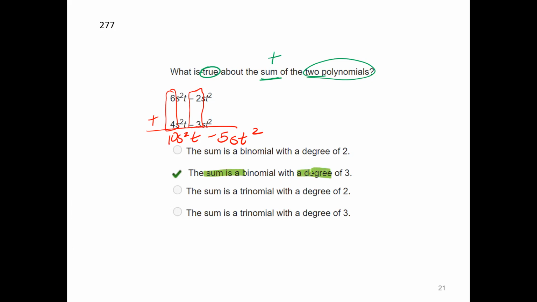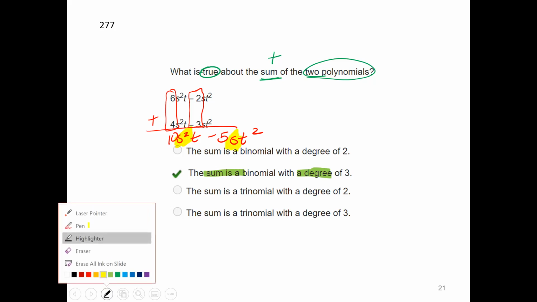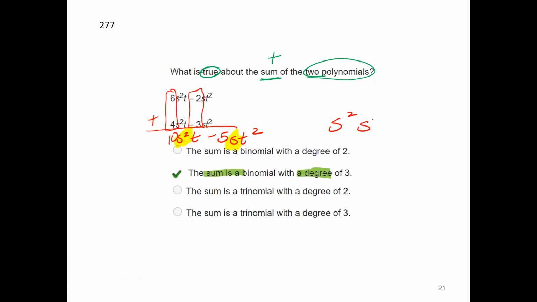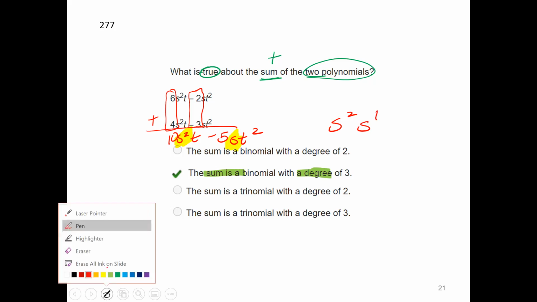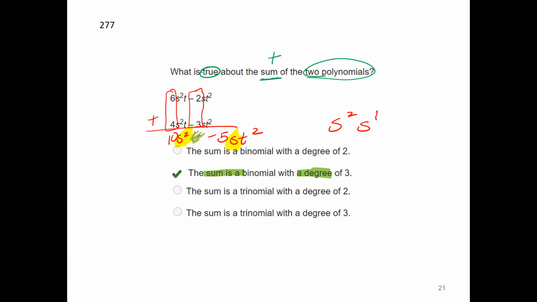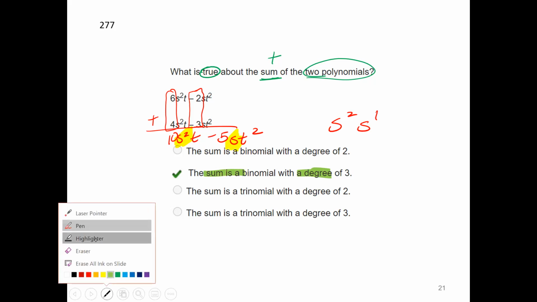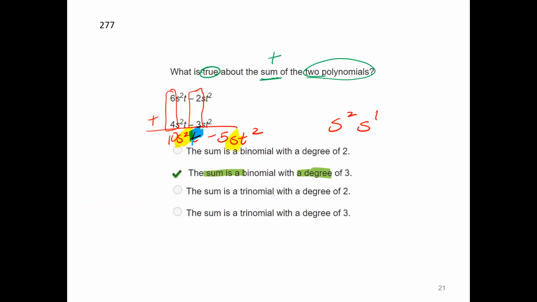What they're asking to do is take a look at the s's. I'm highlighting right there in yellow. So the s's has a s2, s1. Now take a look at the t's that I'm highlighting in blue. You have a t and a t squared.